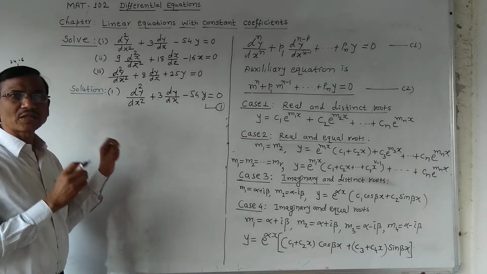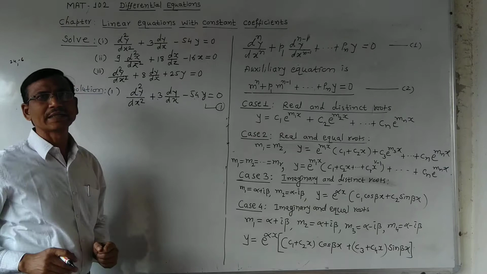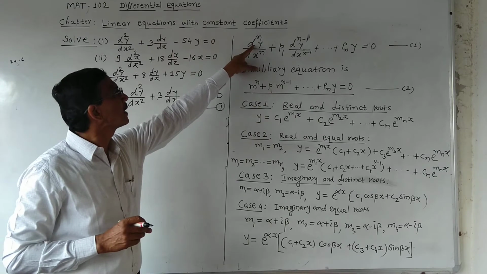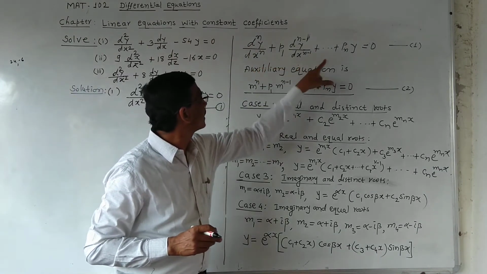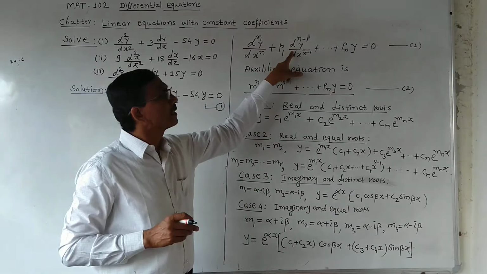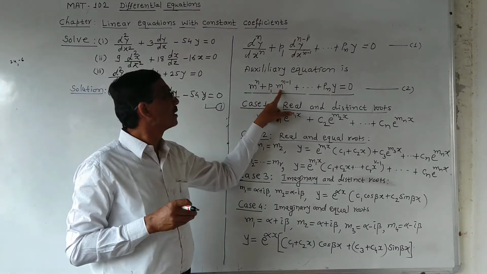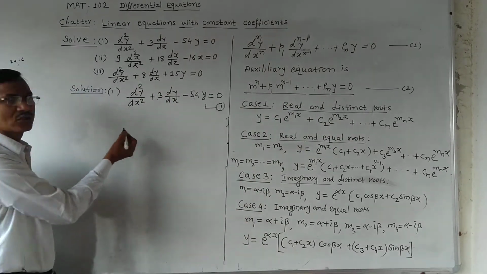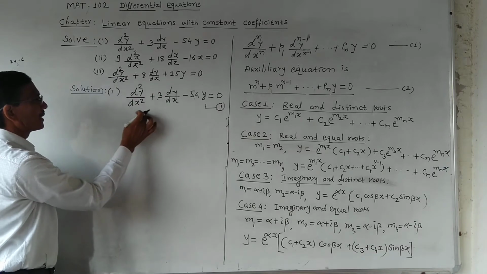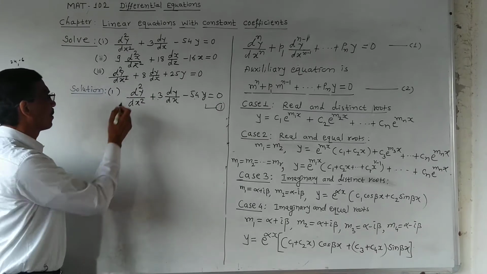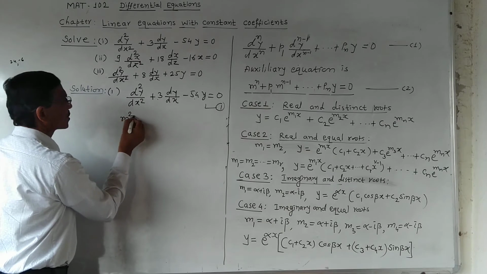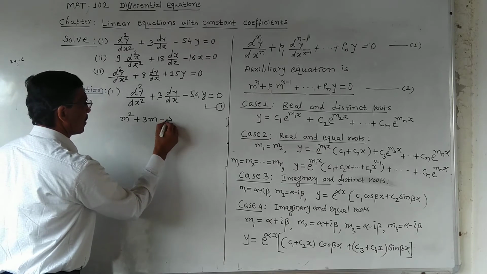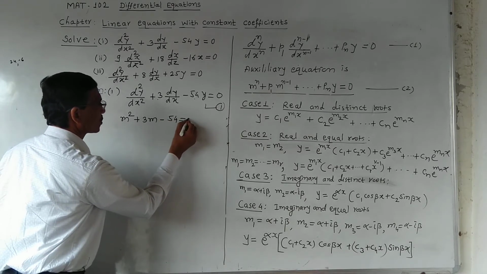Okay. Then our method of solving this differential equation is to first write its auxiliary equation, which is denoted by equation 2: m raised to n, with the coefficients p1, p2, up to pn, then m raised to n minus 1, and continue like this. Therefore, in this case, as it is a second order derivative, the auxiliary equation is m square plus 3m minus 54 is equal to 0.